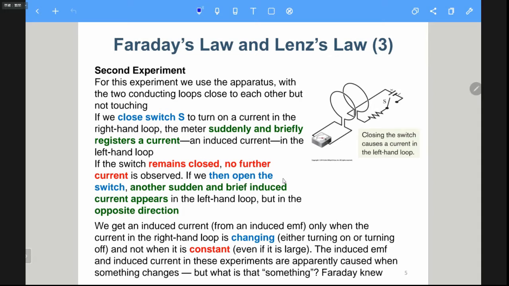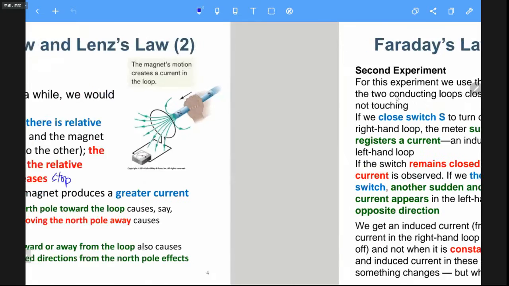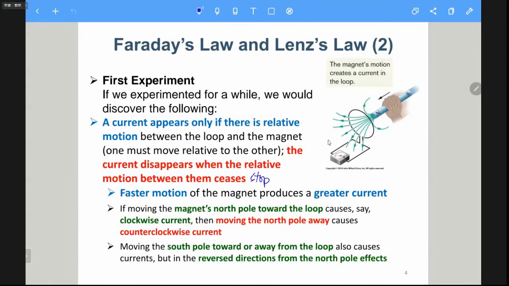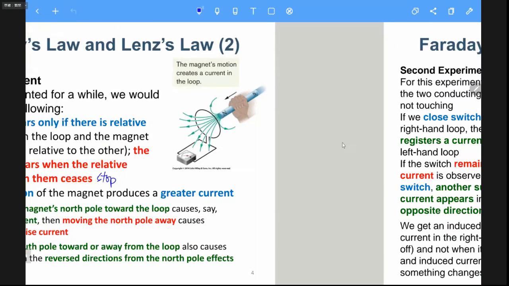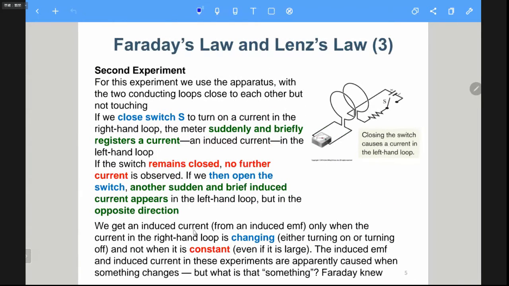Then if we open the switch again, another sudden current is briefly induced, but in the opposite direction. So this switch-on action is similar to moving this magnet bar close to and away from this loop. So we get an induced current only when the current in the right-hand side loop is changing.